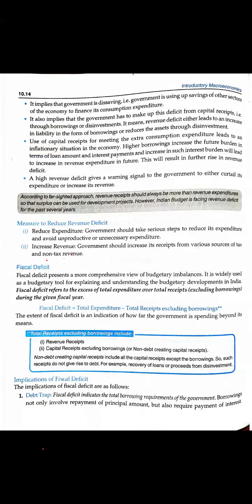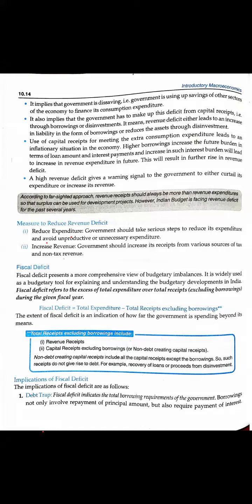The last one is high revenue deficit gives a warning signal to the government to either curtail its expenditure or increase its revenue. Okay, so finally, what do you mean by curtail? Anyone? Either they have to reduce the expenses. Are you all there with me? Yes, sir. So curtail is reduce the expenditures.